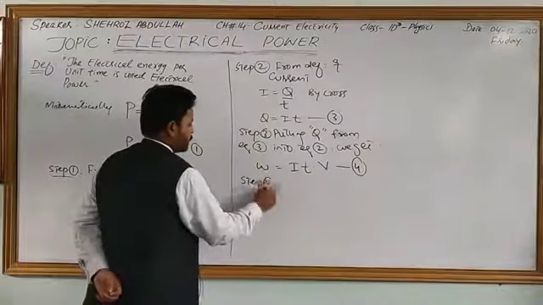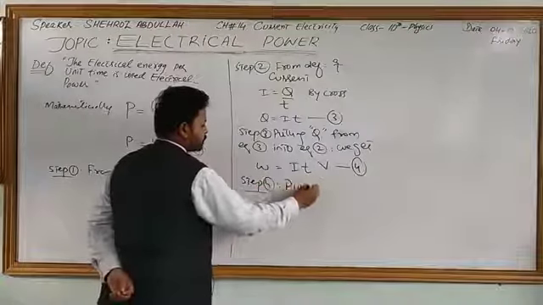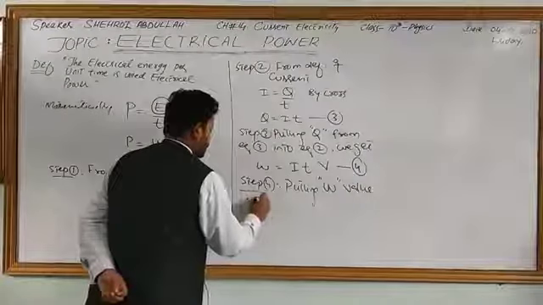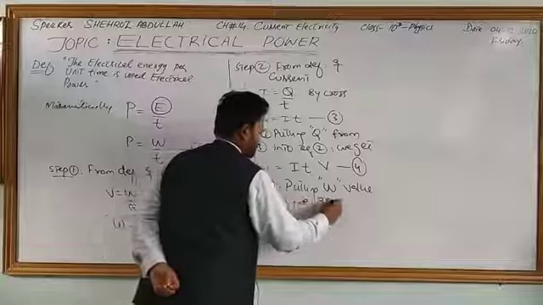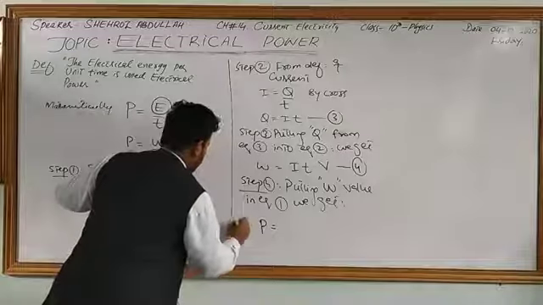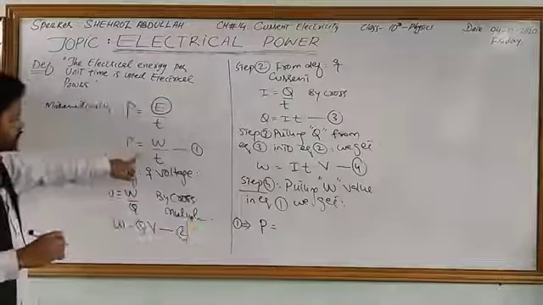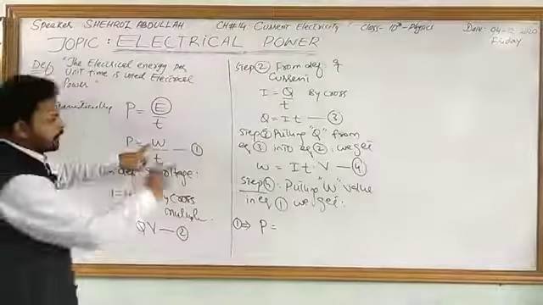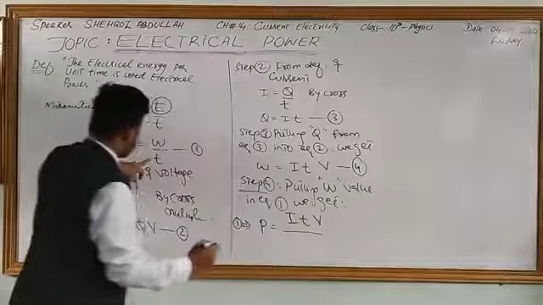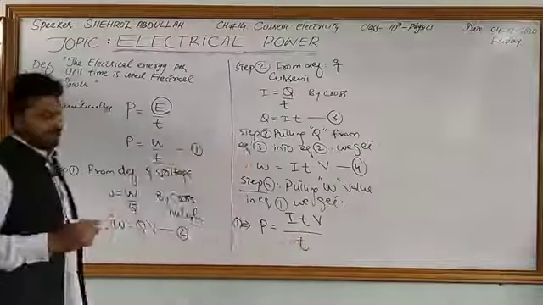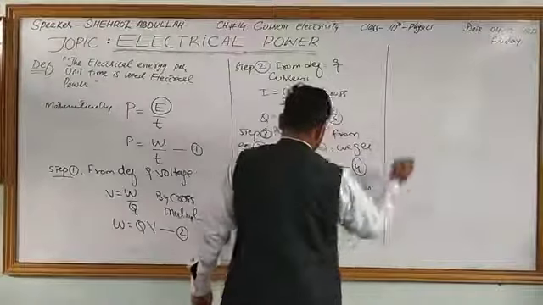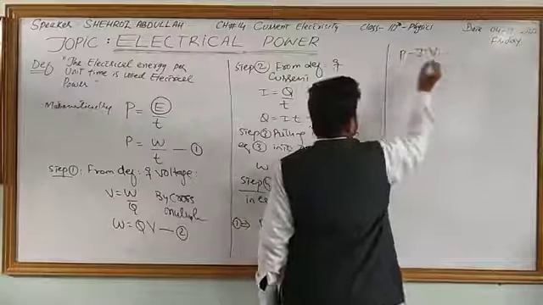Step number 4: putting the W value in equation 1 we get P is equal to W by T. So instead of W I will write IT into V divided by T. This T from both sides will cancel and it will give you P is equal to IV.